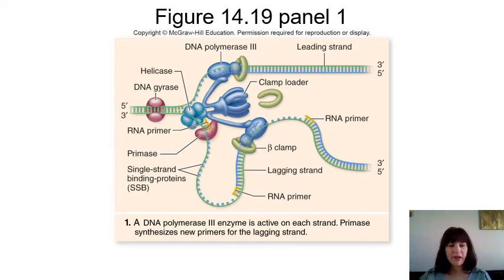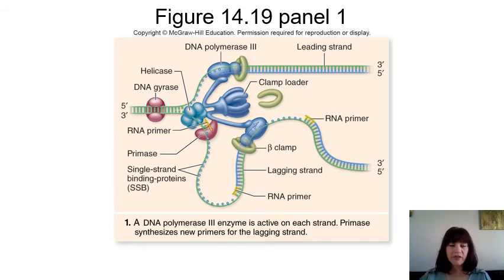The polymerase finds the RNA primer that's been put down by the primase, that's where it starts, and it runs generating new DNA in the 5' to 3' direction. It is associating with the DNA with the help of the beta clamp.